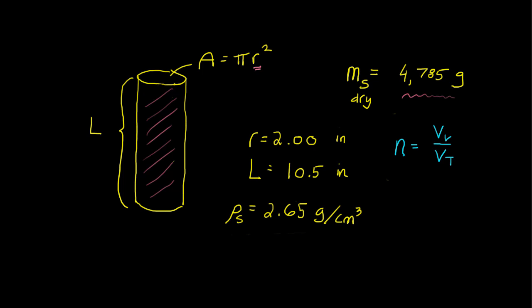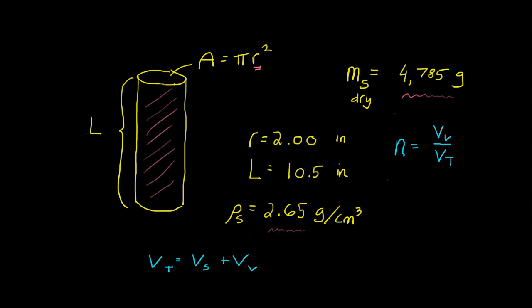From the dry mass of the solids and the density of the solids, which is given here, we can calculate the volume of the solids. And from the relationship that the total volume is equal to the volume of the solids plus the volume of the voids, we can calculate the volume of the voids and then the porosity n.